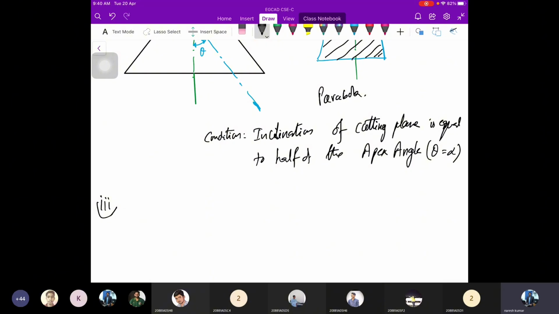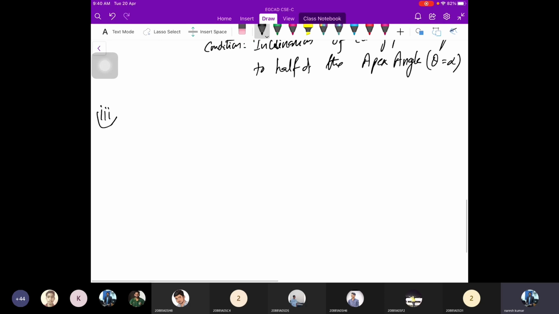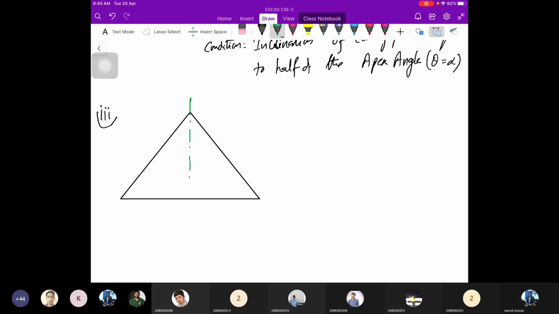So the next one is the same cone. I'm using the same cone, but here I'm changing the angle again. This is the axis of the cone.